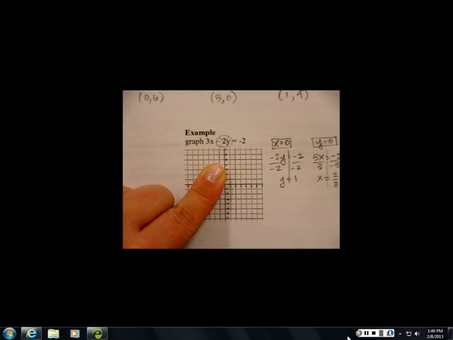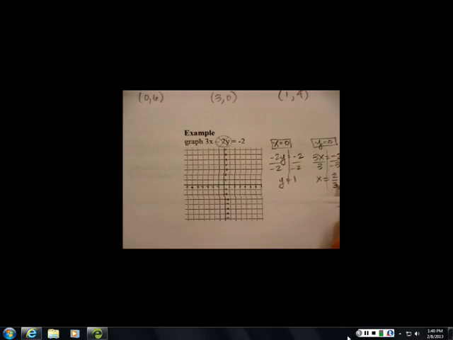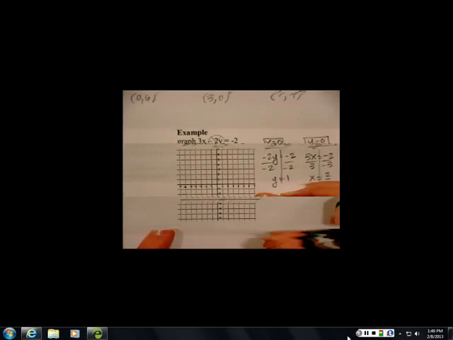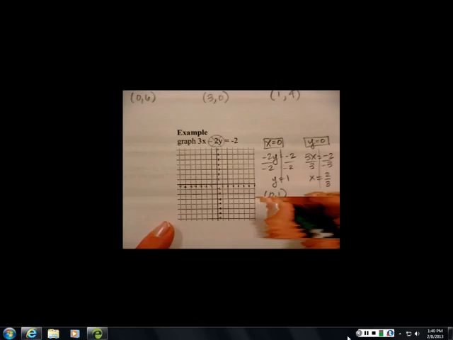Yeah, I guess so. That's kind of horrible, isn't it? 2/3 as an x-intercept. So here are the points I have. I have 0, 1, I have 2/3, 0.